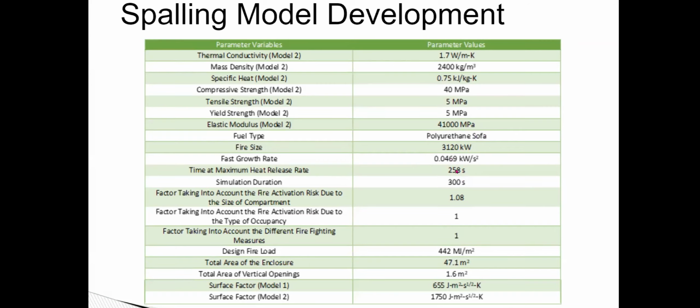And then from that, this might be new, but what we typically do is use the Eurocode just to get the density, the design fire load, and that really depends on the size of the compartment, the occupancy, and whether you took into account firefighting measures.